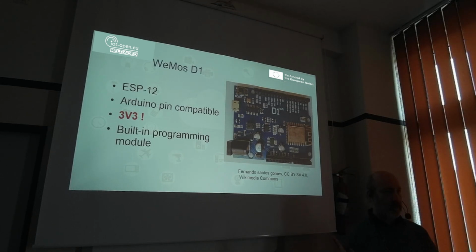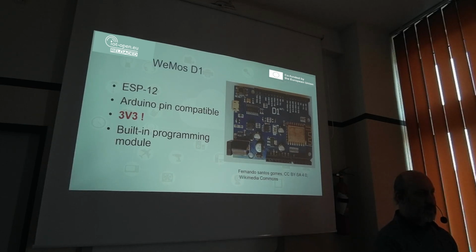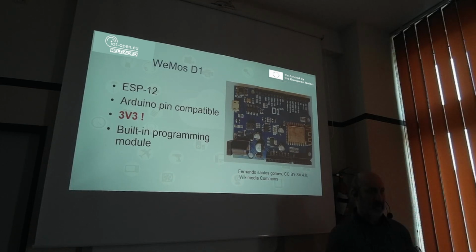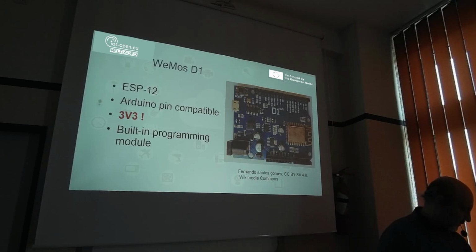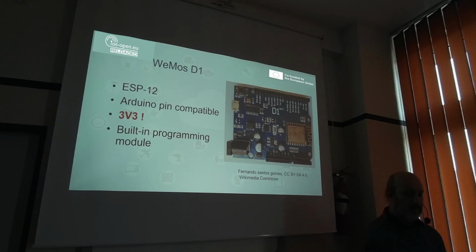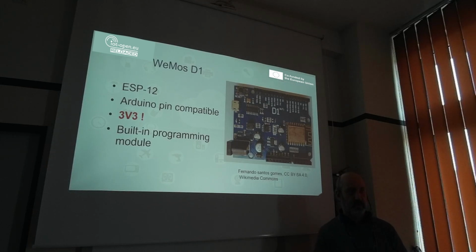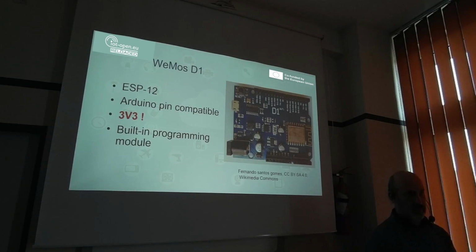So this one allows us to connect Arduino shields and use them as normal, almost normal Arduino. What is the difference? Difference is the voltage, because the ESP8266 must be powered with 3 volts, while Arduino is powered with 5 volts. So not every shield will operate properly.